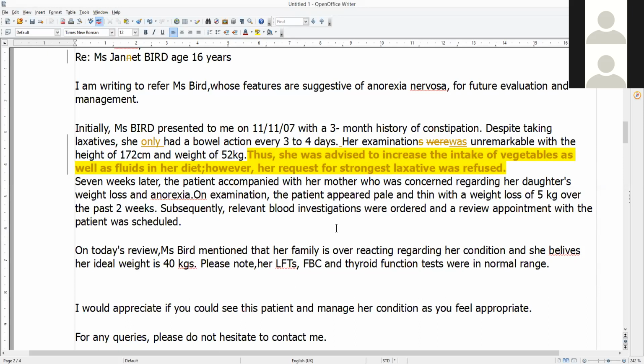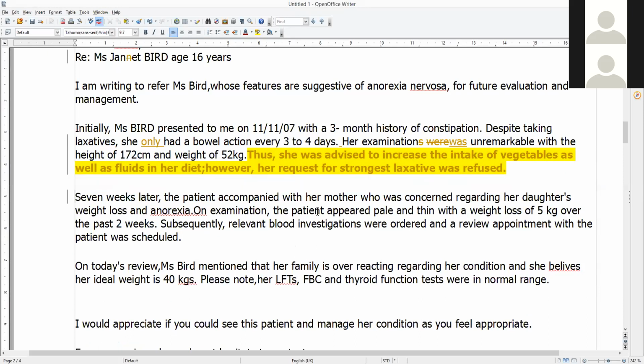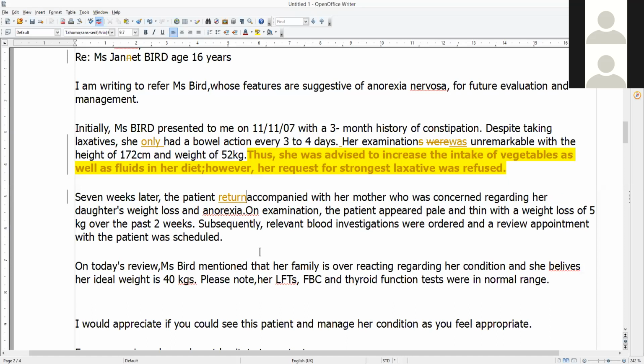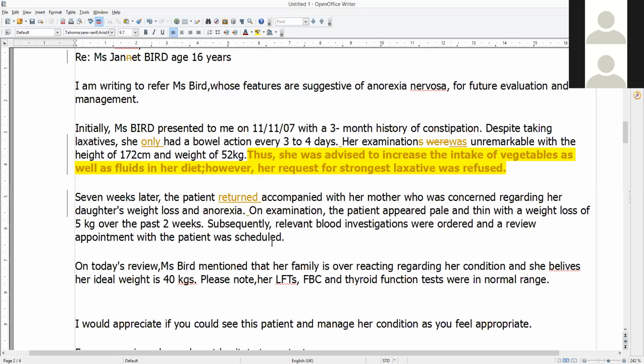Change the clauses around. 7 weeks later, the patient returned accompanied by, okay. Was concerned being just weight loss and anorexia. Well, she doesn't really know it's anorexia then, but okay.